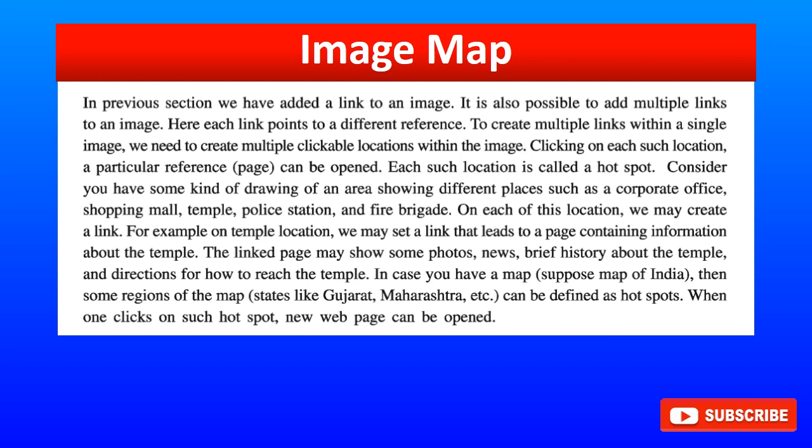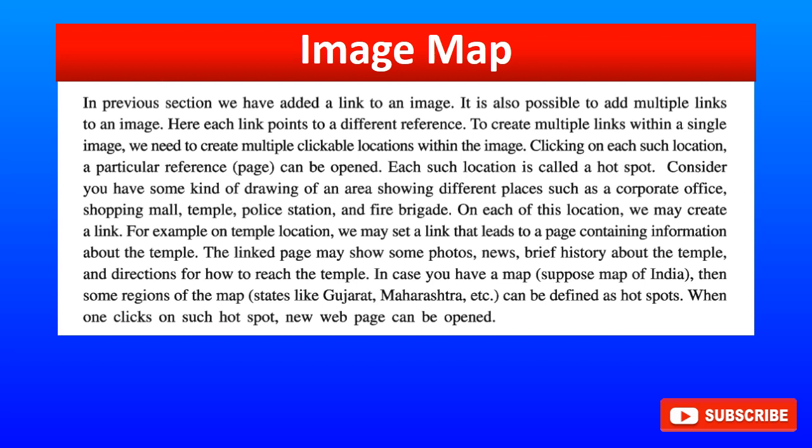Now we take an example that suppose we prepare a web page in which we have put the map of India. Okay. Now in this map there are different states. Suppose if a person brings the cursor on Gujarat, then Gujarat will be displayed. We know how to display that using ALT, right?